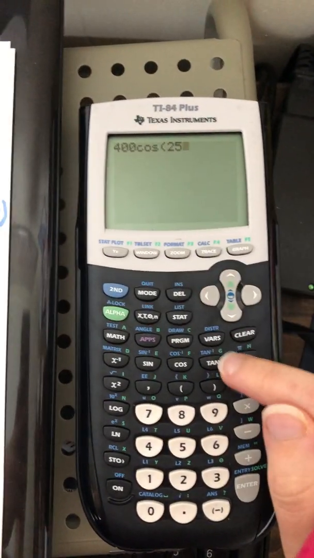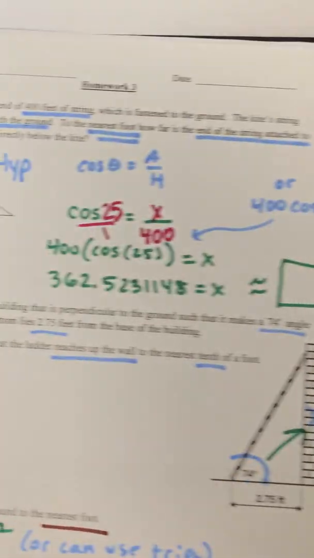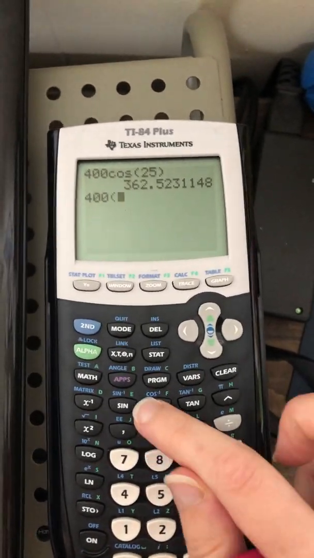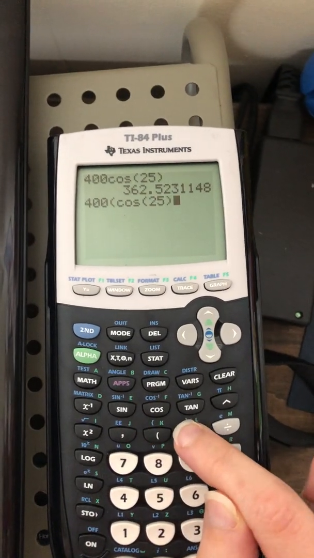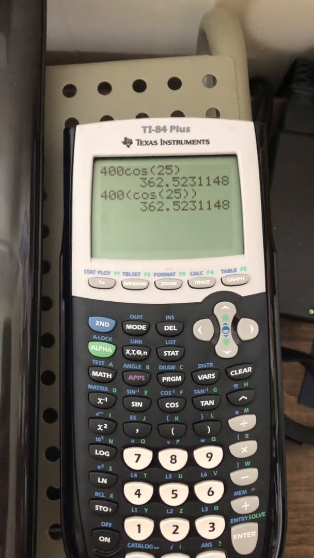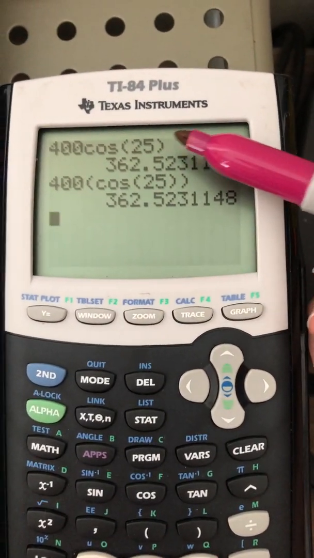Notice the parentheses are already there. That's 362 point all those decimals. I've written them down. Now let me show that to you with extra parentheses: 400 parentheses cos 25, close parentheses on the 25, close parentheses on the multiplication. It will get you the same answer. So notice that you can write it without the parentheses up there.